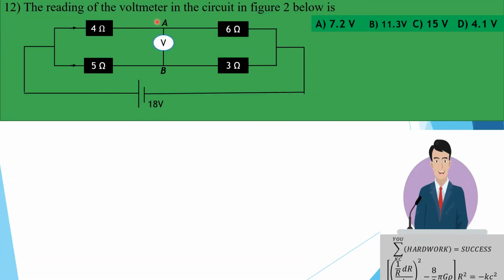The reading of the voltmeter in the circuit in figure 2 below is, so we have this answer. What we really want to do here is realize that if this is VA, if I move from A, I'll have VA. Now the current flows into this 4 ohm resistor, so I have VA plus the voltage across this one, then I come all the way like this, minus the voltage across this one, to be equal to VB.